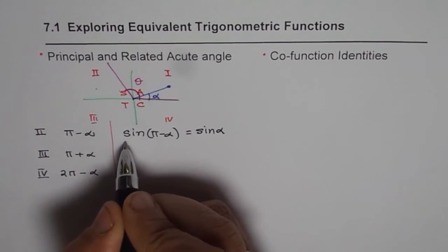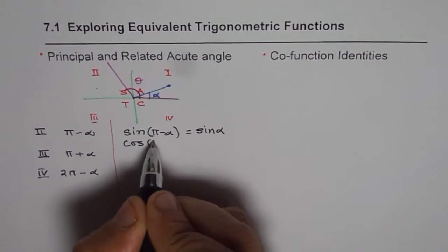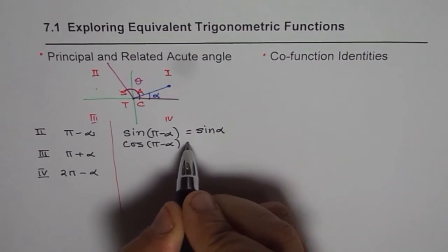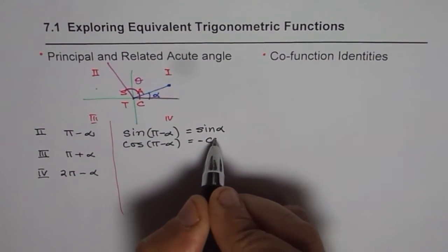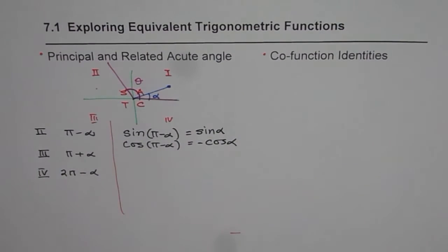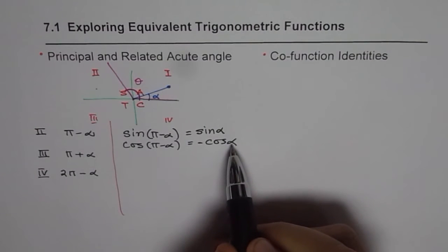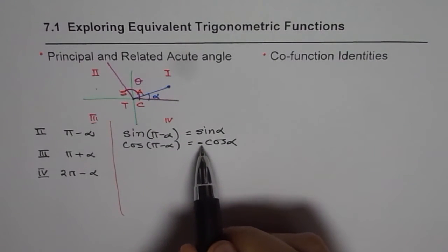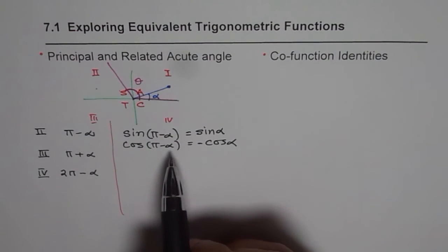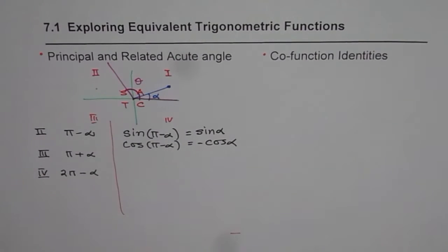But if we have cos in quadrant 2, since cos is negative, we have to write this as negative cos alpha, since everything is positive in quadrant 1. So cos alpha will be positive, and we have to make it negative. That's equivalent to cos of pi minus alpha. So that brings us to the name of the chapter, which is exploring equivalent trigonometric functions.